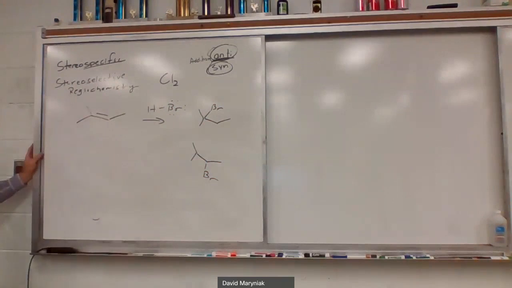Those would be possible products. And which one is favored by Markovnikov?